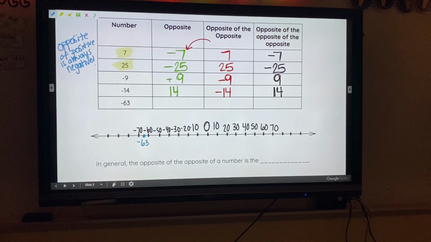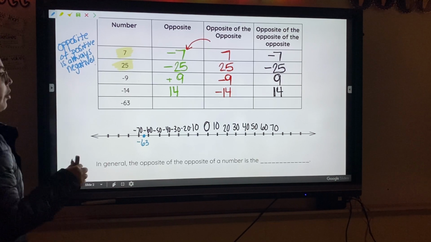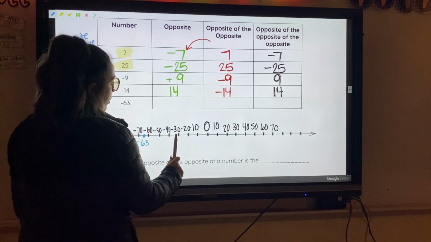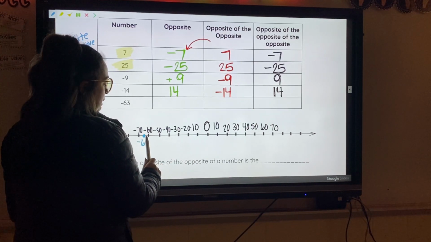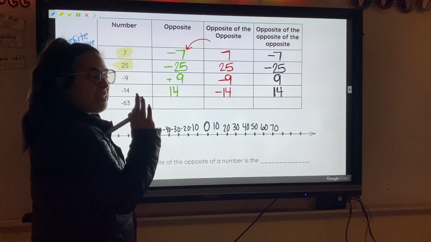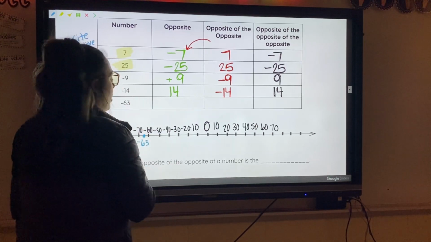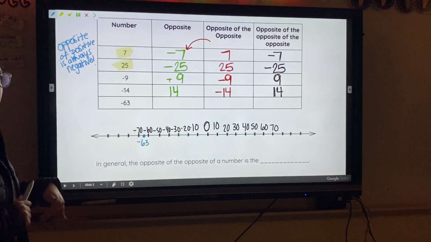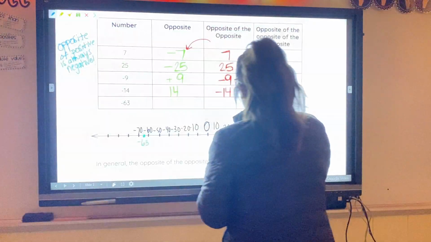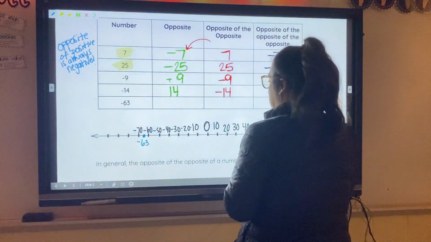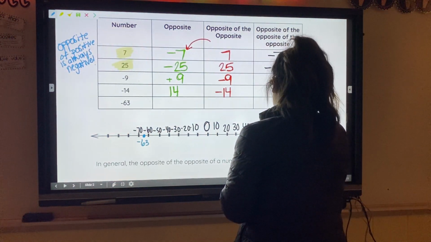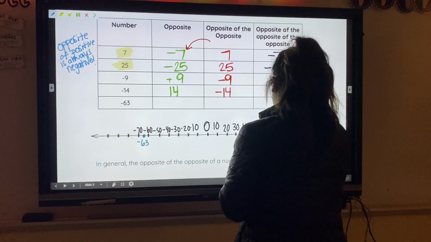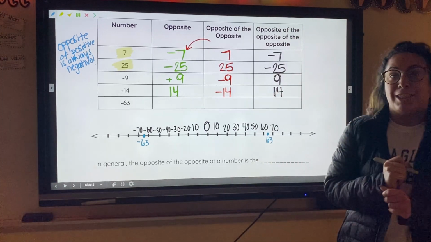So I want to count how many ticks negative 63 is away from 0. So if I count, I have 1, 2, 3, 4, 5, 6 and a half-ish. A little bit and a half. So I need to figure out what's going to be on the other side. So if I go 1, 2, 3, 4, 5, 6 and a half-ish, I'm going to have positive 63.